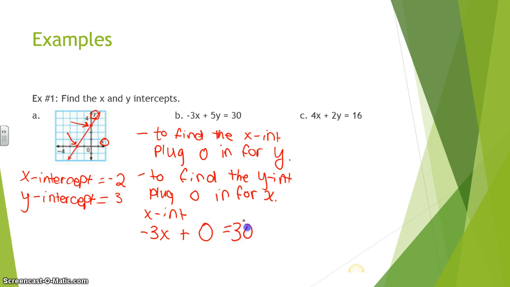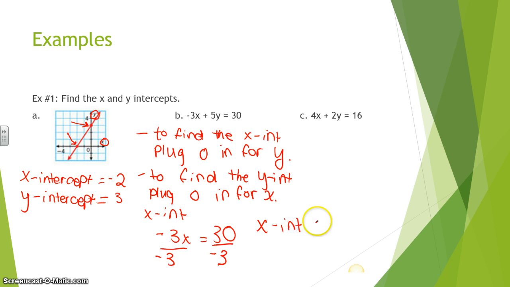Another way to write this would be -3x equals 30. Divide by -3 on each side. So my x-intercept, x, is going to equal 30 divided by -3, which gives me -10.